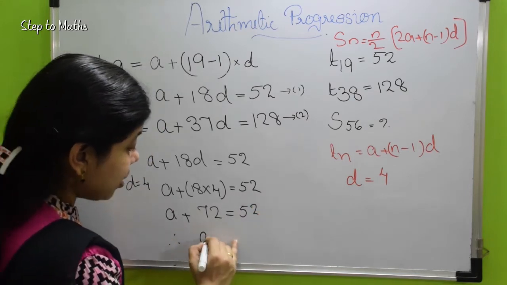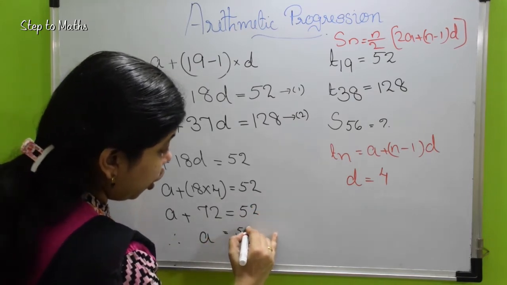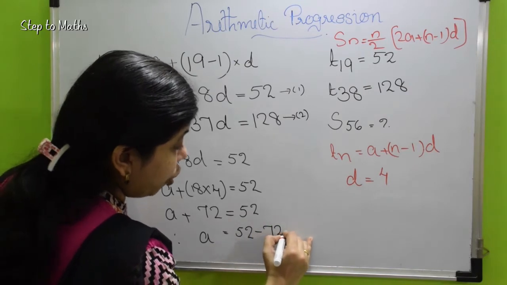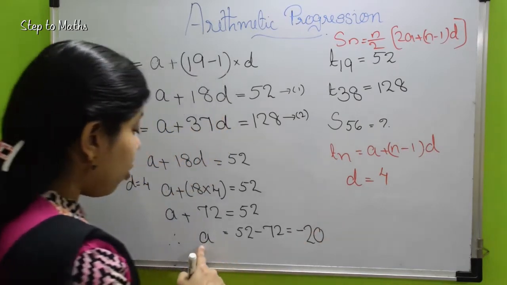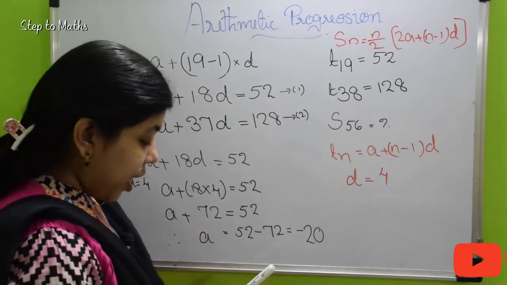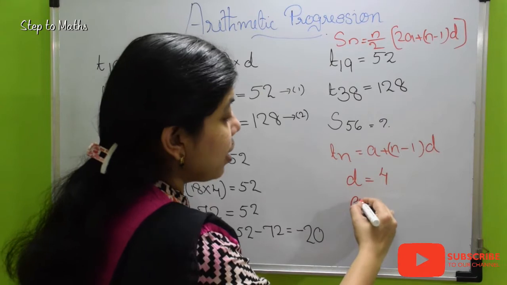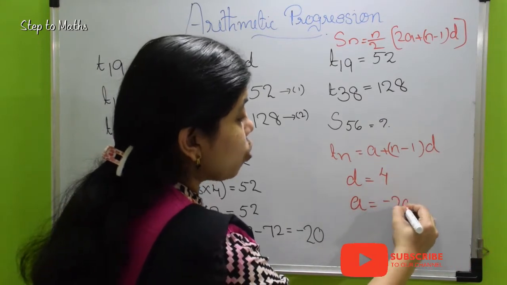Therefore, a is equal to 52 minus 72, which is minus 20.